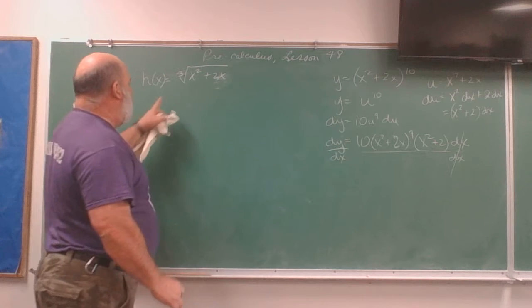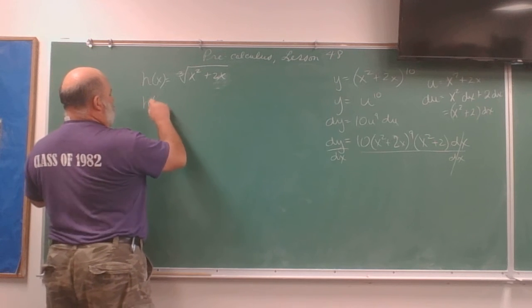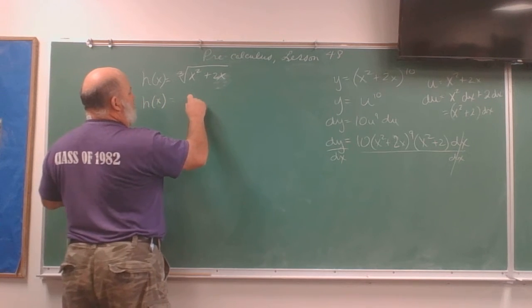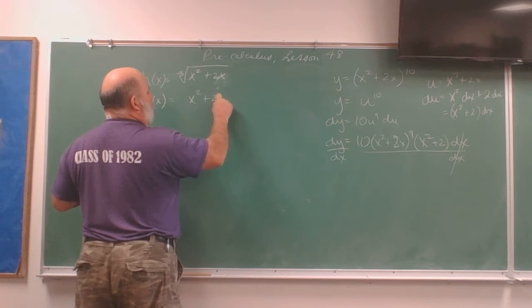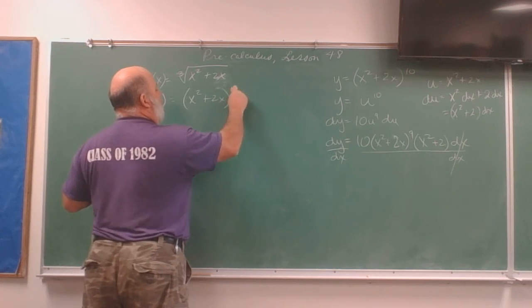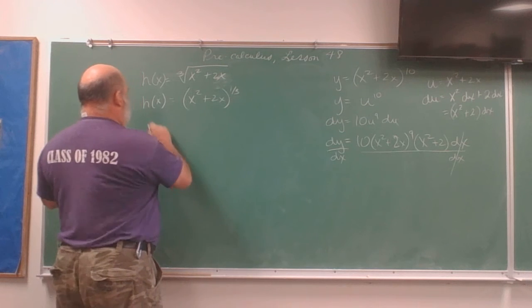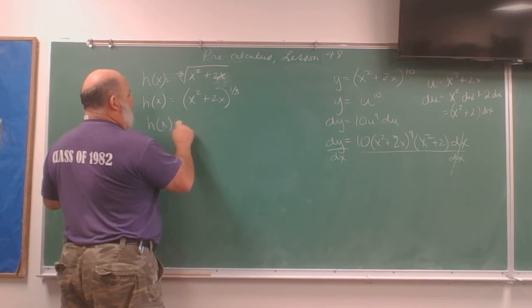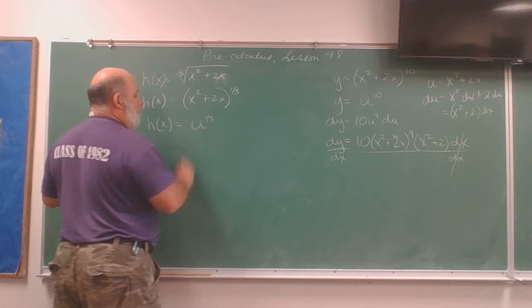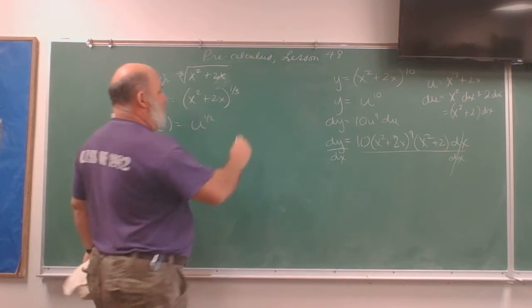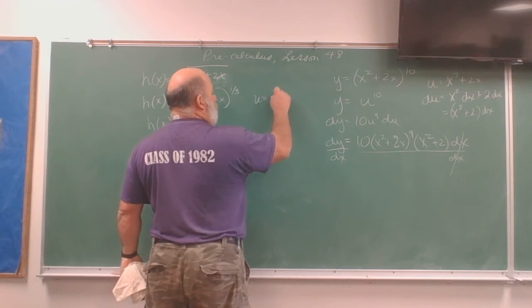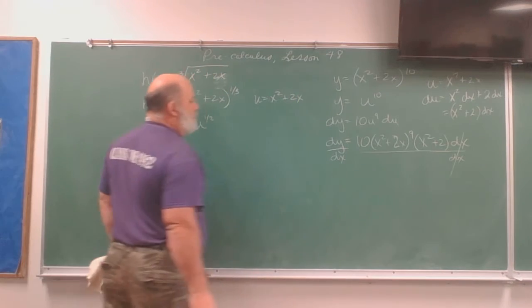So we need to say, okay, h of x equals x squared plus 2x all to the 1/3 power, right? So in this problem, I'm going to say h of x equals u to the 1/3 power. u is going to take the place of x squared plus 2x.